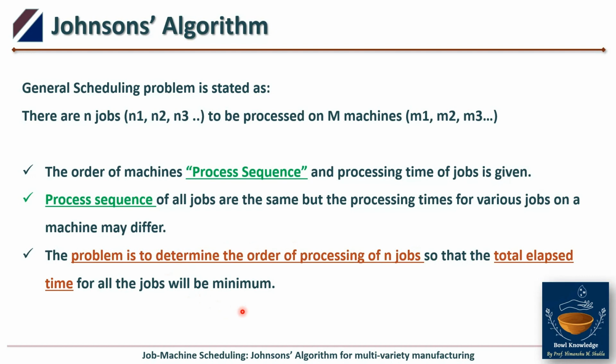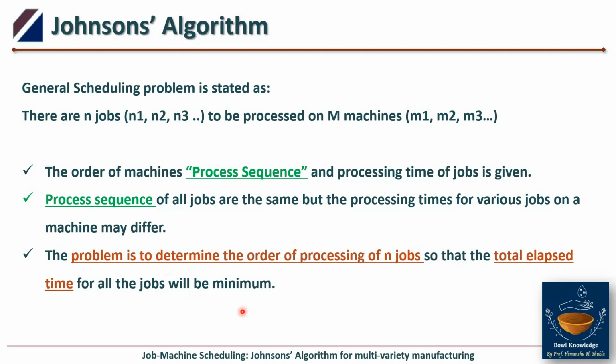Whatever order I am getting, it may have, out of 160 jobs, variety 1, 20 jobs of variety 2, another 20 of variety 3. The company is not interested in which variety is getting manufactured, but is overall interested in optimizing the total elapsed time. Total elapsed time means the time from the start to the end of completing all the jobs.